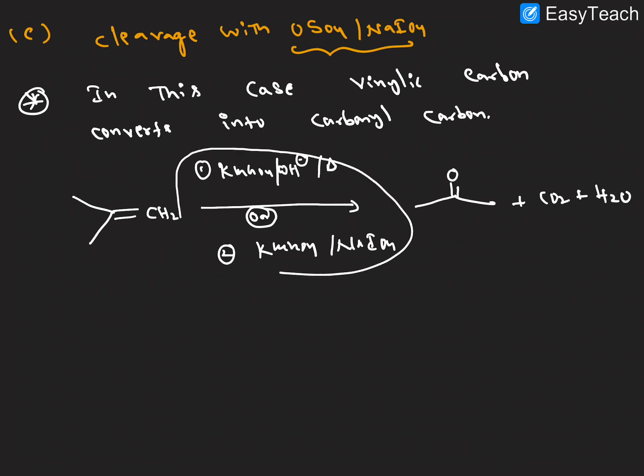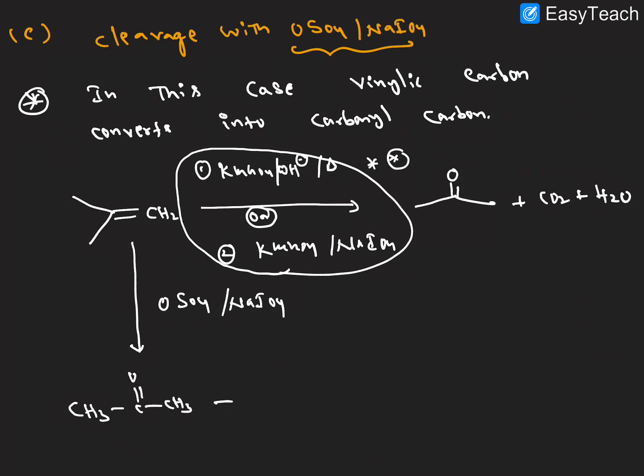The roles of the two reagents are the same, very important, right? And when treated with osmium tetroxide and sodium periodate, OsO4 and NaIO4, what product is forming? The first is similar, a ketone is forming, then here it forms an aldehyde. That is the point we are discussing. I hope it is clear.